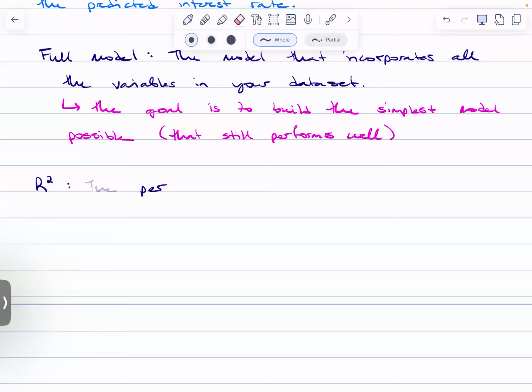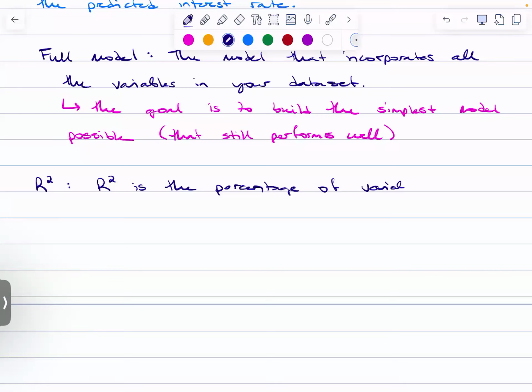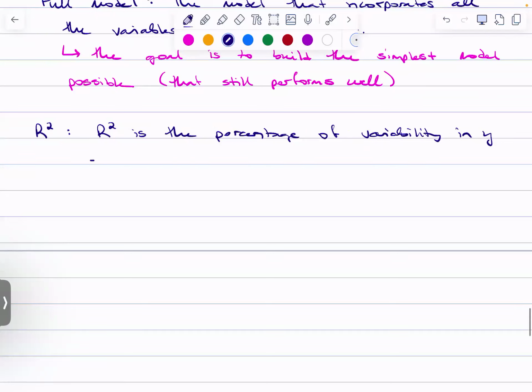R squared is the percentage of variability in y explained by the least squares regression line on x.